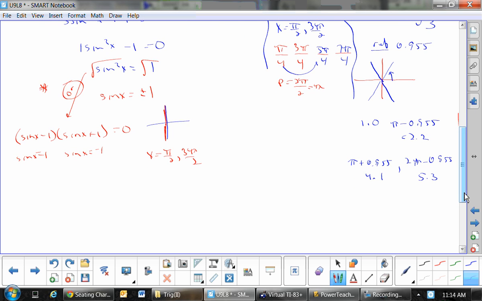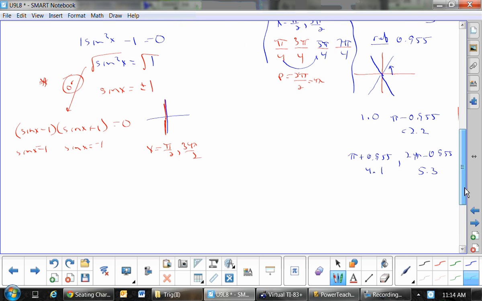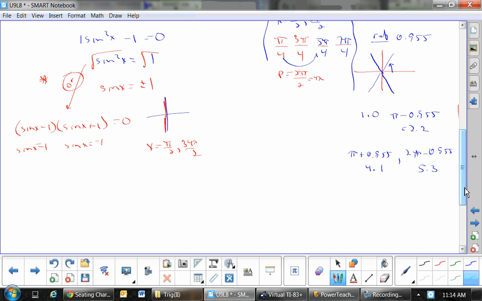So the answers to that question, if you graphed it, you would see all of these: pi over 4, 3 pi over 4, 5 pi over 4, 7 pi over 4, 1.0, 2.2, 4.1, and 5.3.